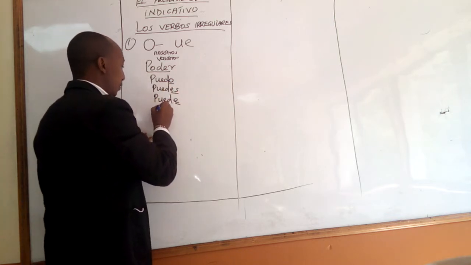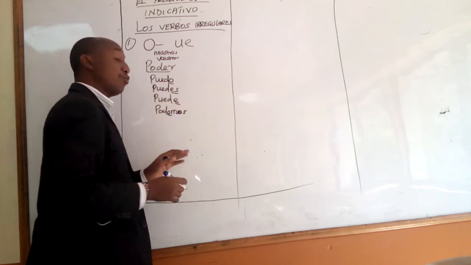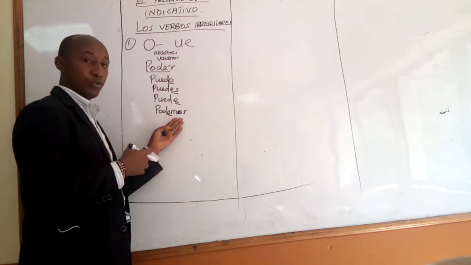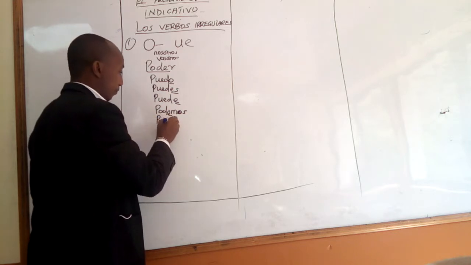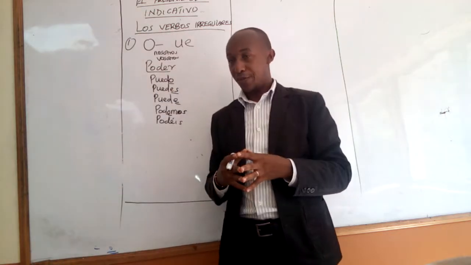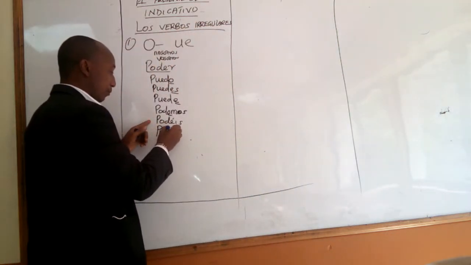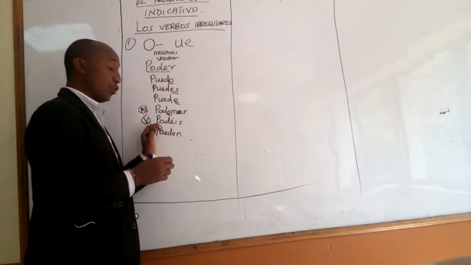And then the nosotros is usually the fourth one, so we say podemos. It is not changing the O to UE. Then we have podéis and pueden as the last persons. So this is vosotros, nosotros, we and you plural.